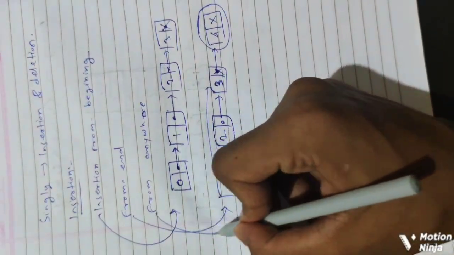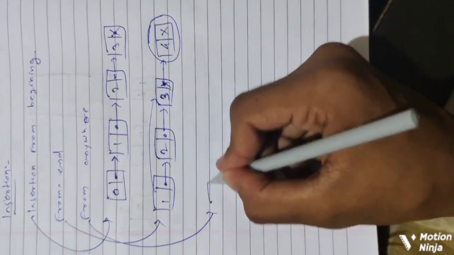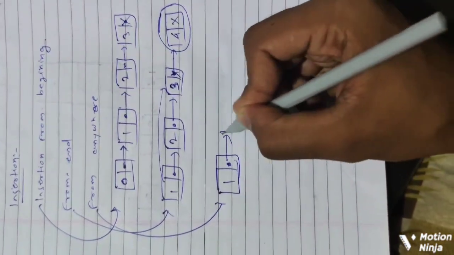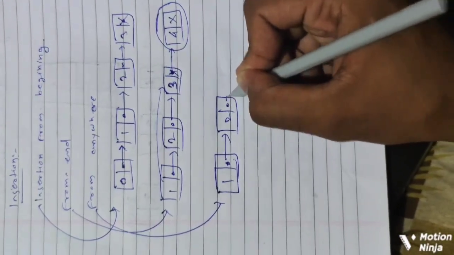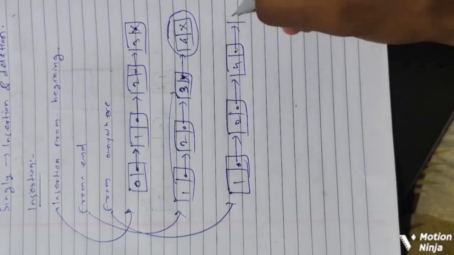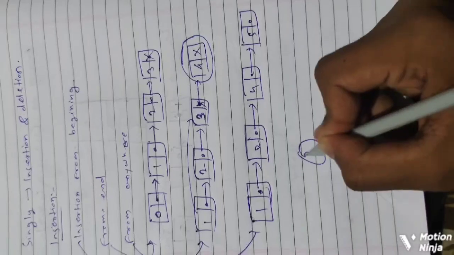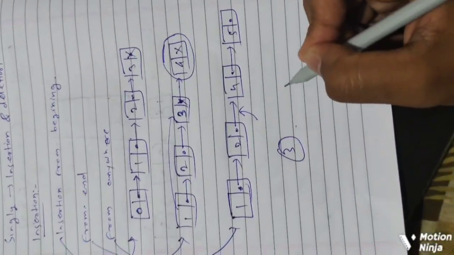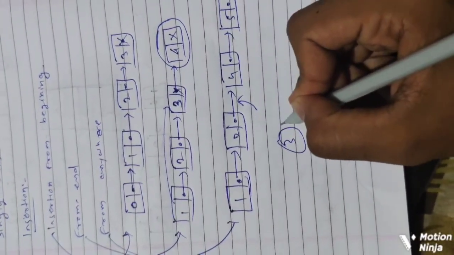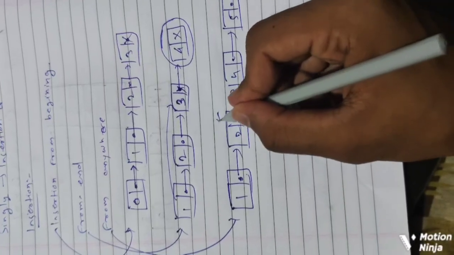Now, insertion from anywhere is basically to traverse the list till the point where we have to insert the element. For example, let's take this list 2, 4, 5. Suppose we have to insert the element 3 here. We traverse the list till the position before where we have to insert.